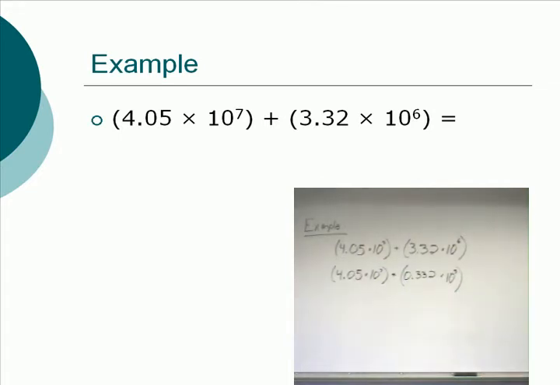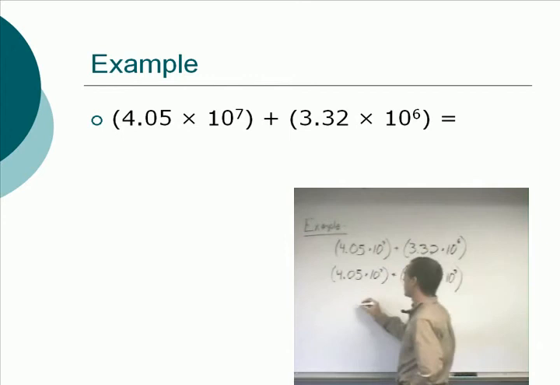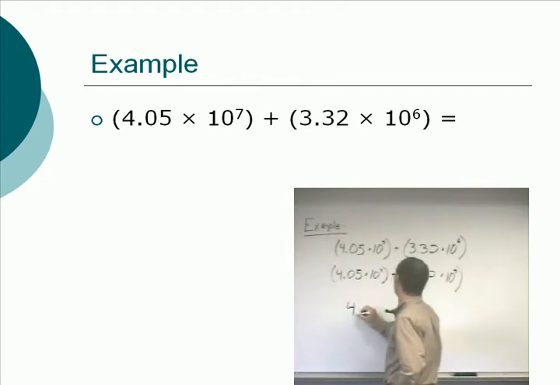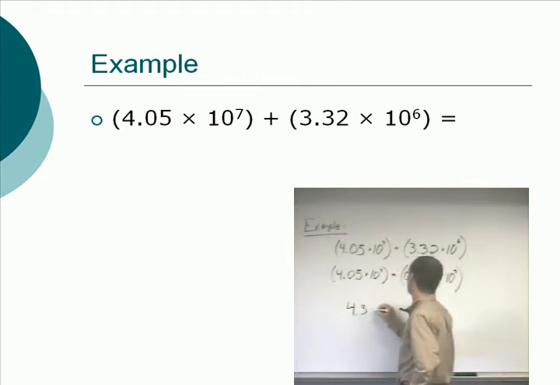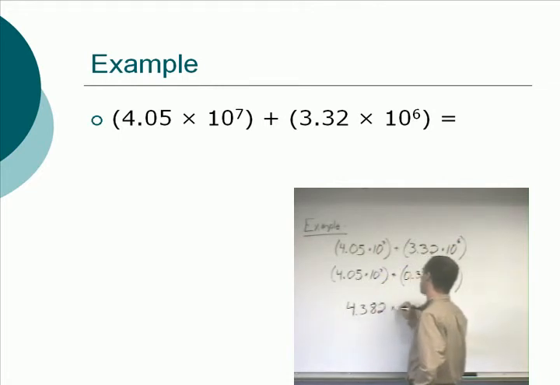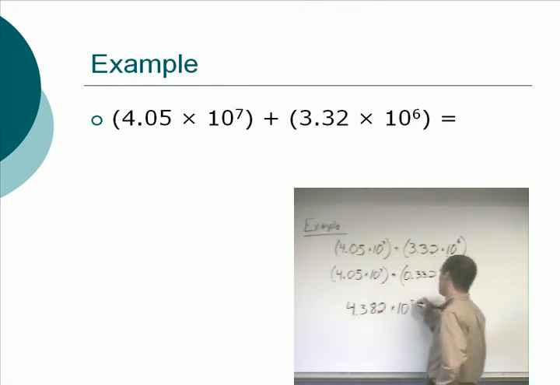Everybody agree with that? Now the powers of 10 match. We can go ahead and add them together. 4.05 plus 0.332 becomes 4.382. And your power of 10 is 7.